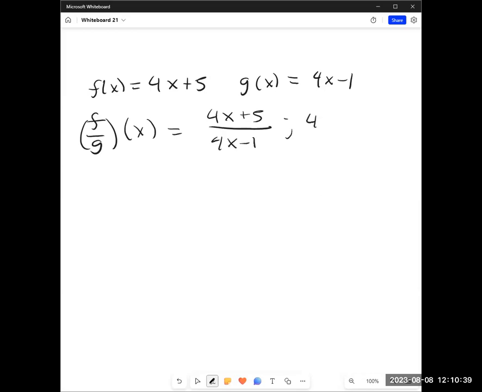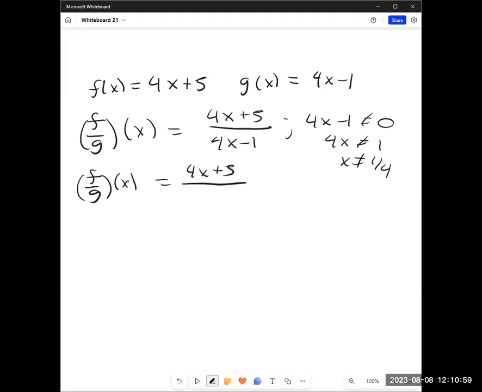Let's remember that my denominator cannot be equal to 0. So I'm going to have to solve that off to the side. x cannot be 1/4. So my answer here for my composition is going to be 4x plus 5 over 4x minus 1, as long as x is not equal to 1/4.